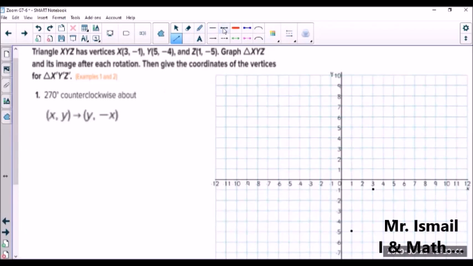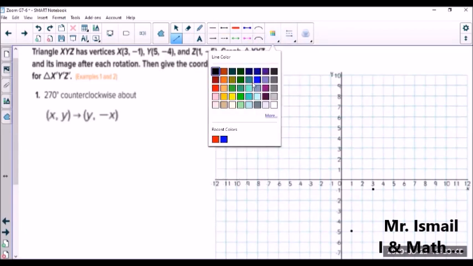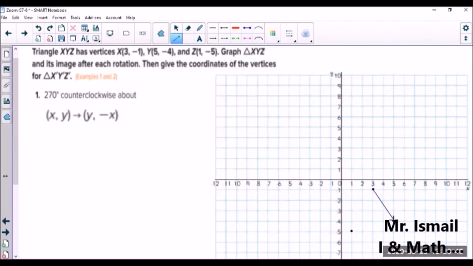Connect them. And I will write the image. So let's first name them.